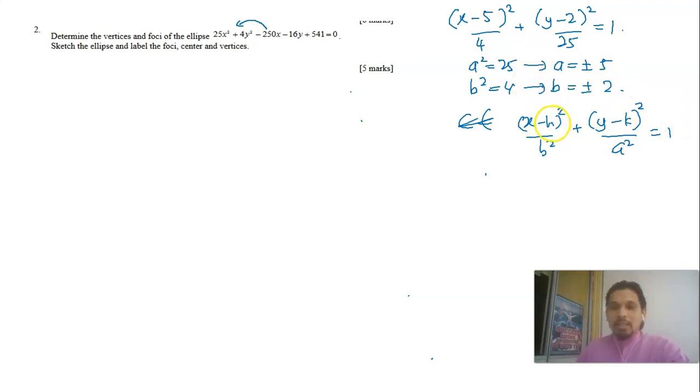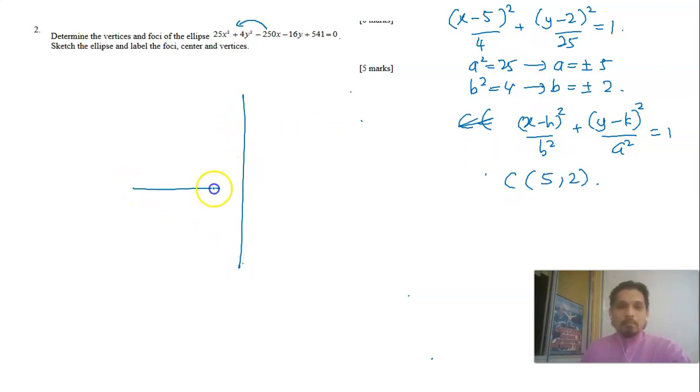Then the center h and k equal to 5 and 2. So x equal to 5, and y equal to 2 here. And the major axis is y.